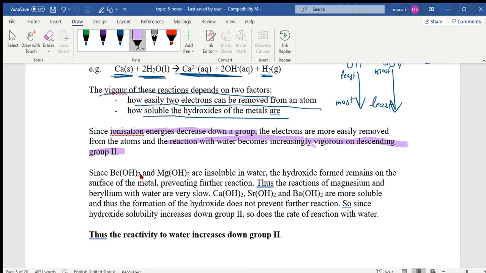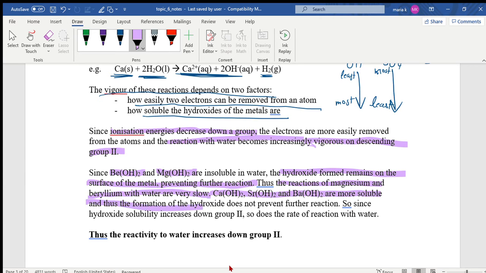That makes sense. Since beryllium hydroxide and magnesium hydroxide are so insoluble in water, the hydroxide form remains on the surface of the metal, preventing further reaction. Thus, the reactions of magnesium and beryllium with water are very slow.